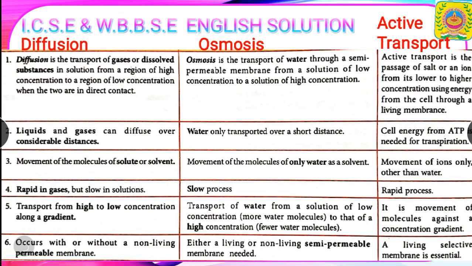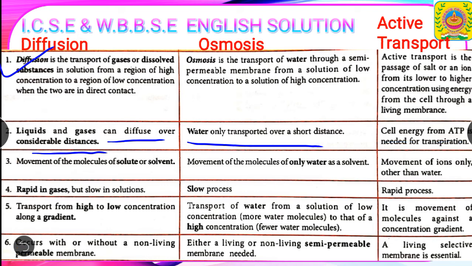Now here the differences between diffusion, osmosis and active transport are mentioned. First, we have to provide the definition mentioned here. Next, the substances used: in diffusion, liquids and gases can diffuse over considerable distance, in osmosis only water takes part in the transport, and in active transport, cell energy from ATP is needed.